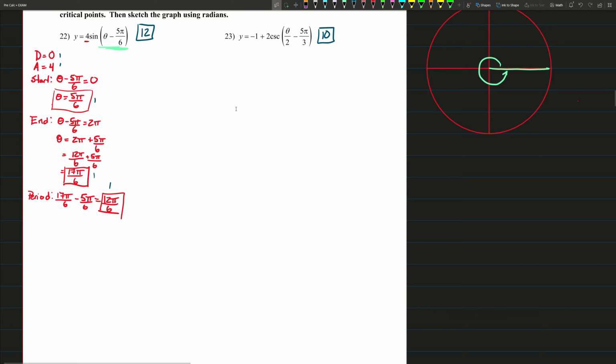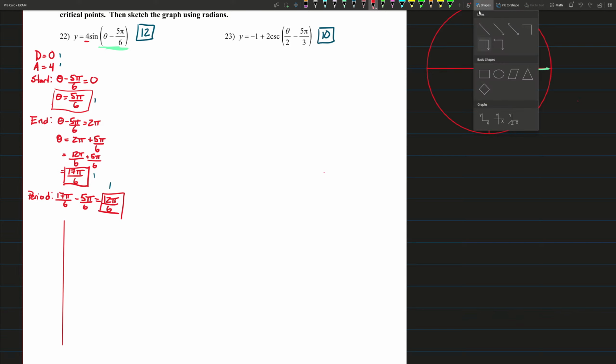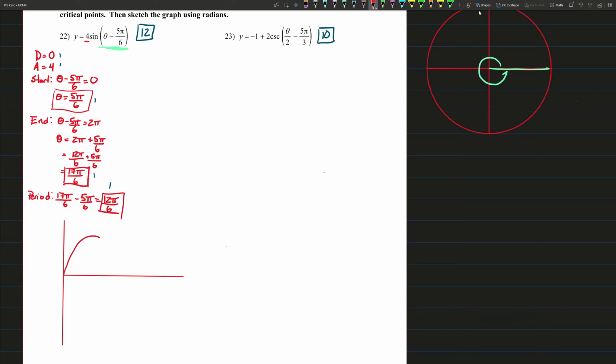All right, so now we graph it. One of the remaining points is just the shape. So we have to know that sine kind of does the wave from the start.